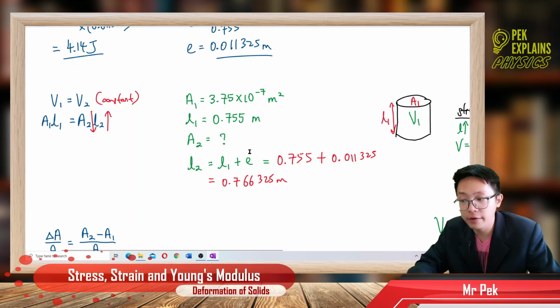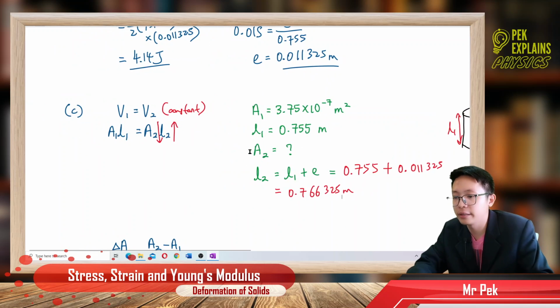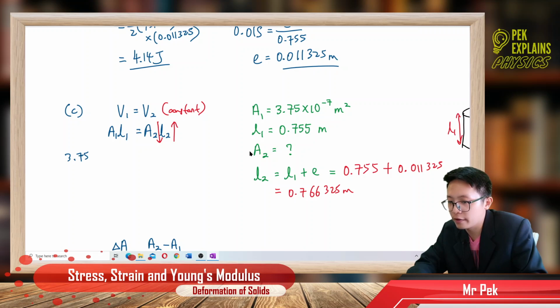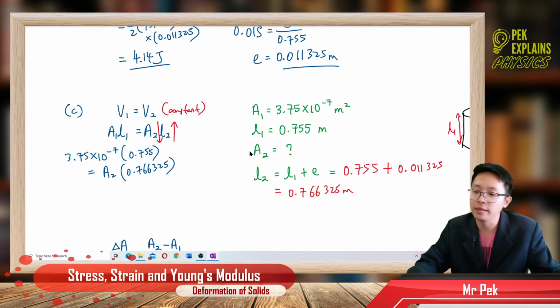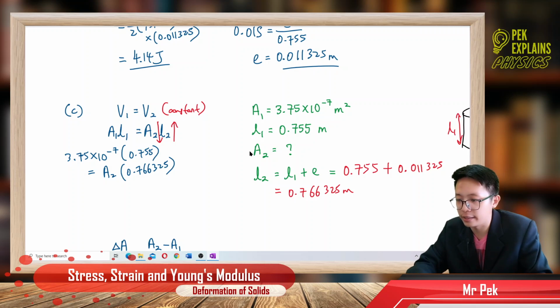So I can find the final area. Let's do it. 3.75 exponent -7 times the initial length 0.755 equals the final area times 0.766325.